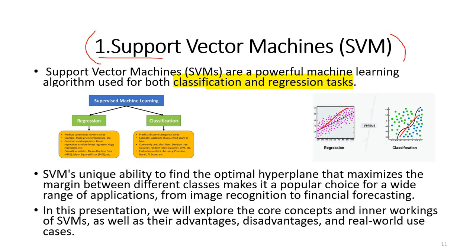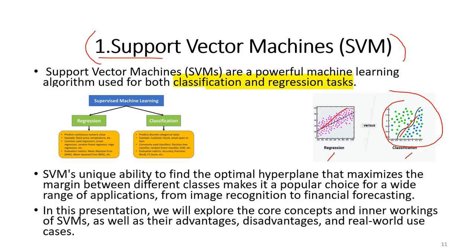Now we are talking about classification versus regression in SVM. Let's talk about classification first. In classification, the output is categorical. For example, cat versus dog, fraud versus non-fraud, tumor that is benign or malignant.